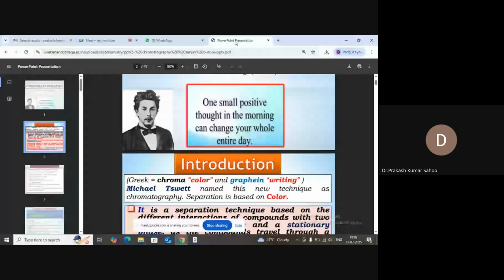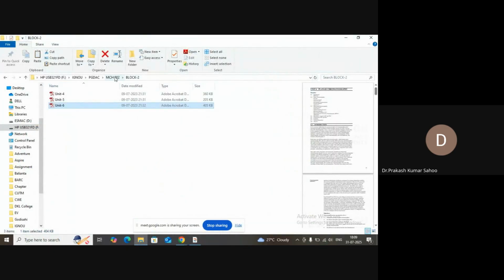Before this, I'll just share my screen with you. Is it visible, students? Paper chromatography means it is your chromatography.